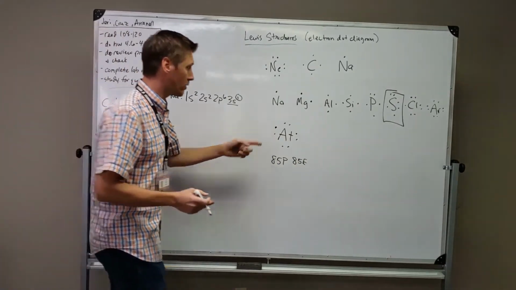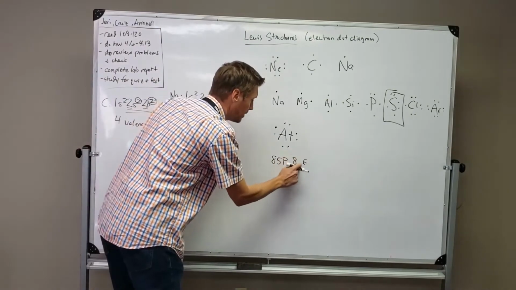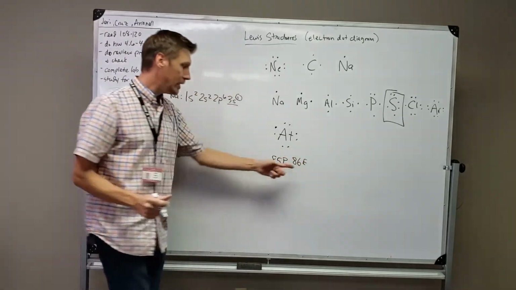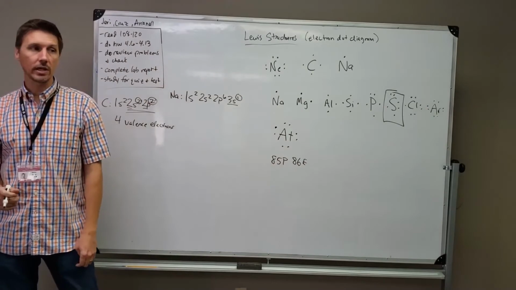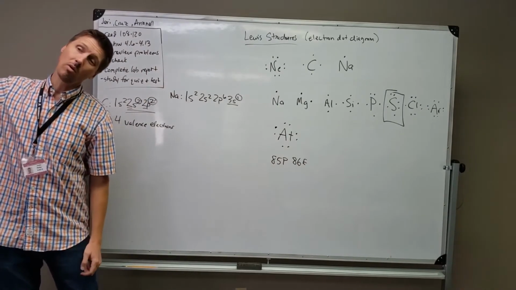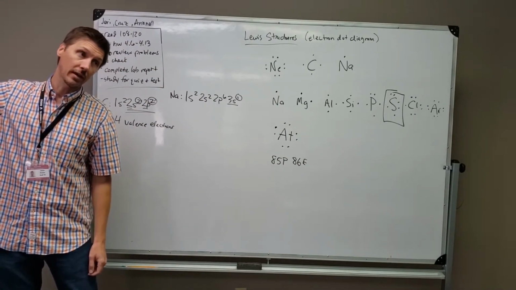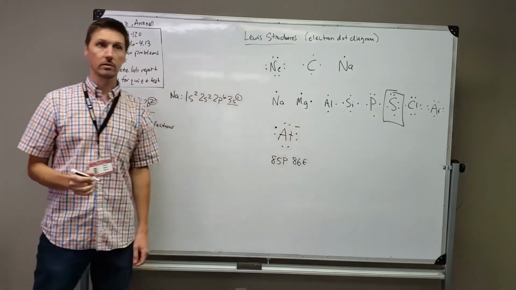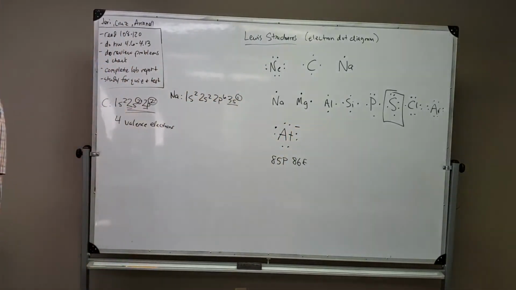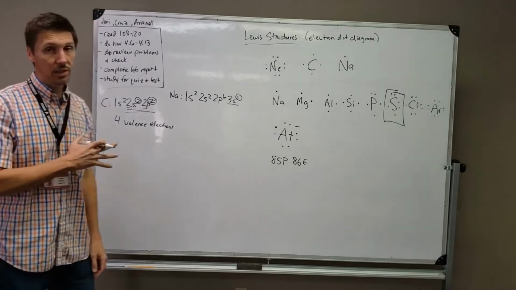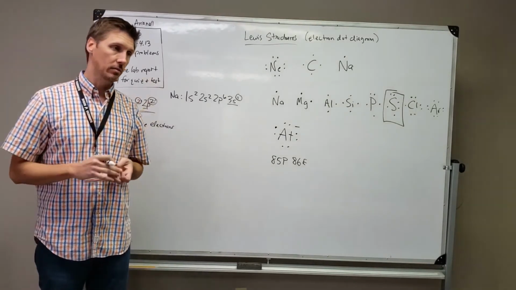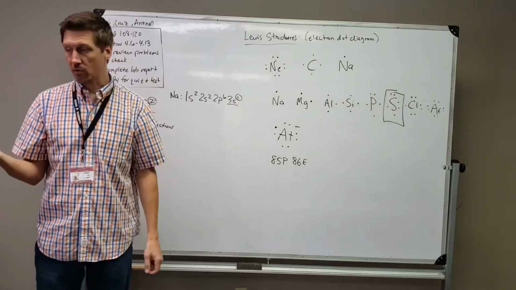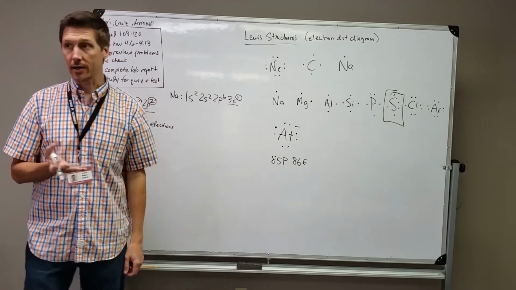But if it gets an extra electron so that it's ideal, if it gets 86 electrons and now only has 85 protons, it's got one more negative particle than it has positive particles. So it's going to get a negative charge on it. And so an atom like that, which is no longer electrically balanced but has an overall negative charge, we call that an ion. Okay?